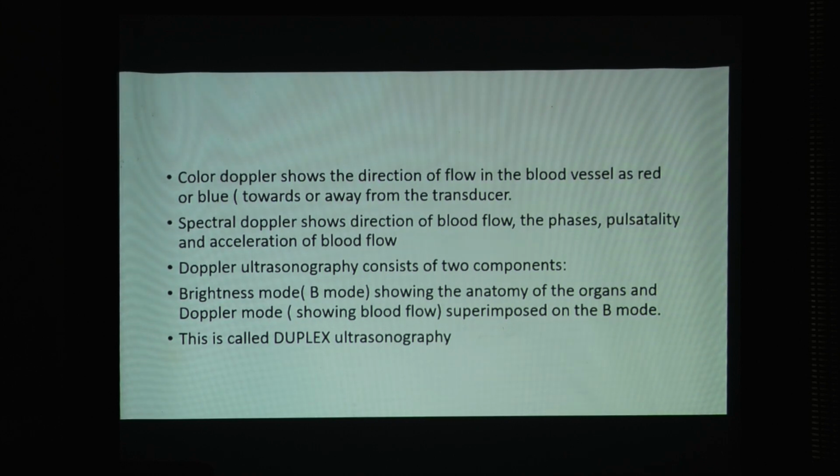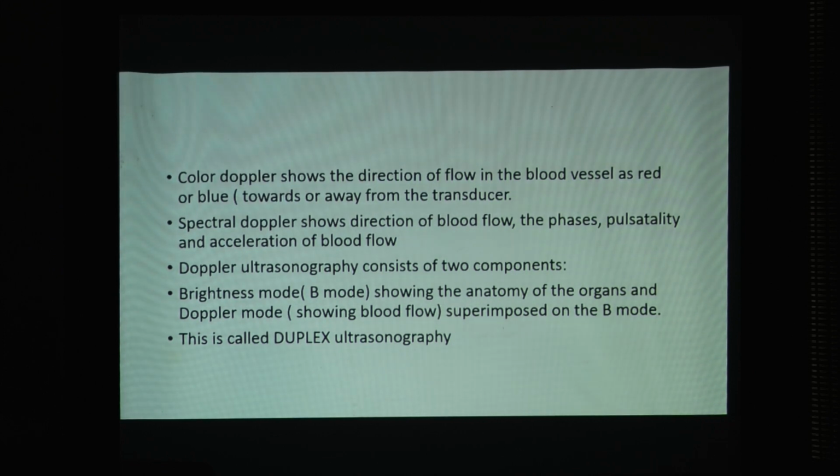It is usually given as red and blue, towards or away from the transducer. Then the spectral waveform can be measured. It shows the direction of flow, phases and pulsatility and acceleration of blood flow.